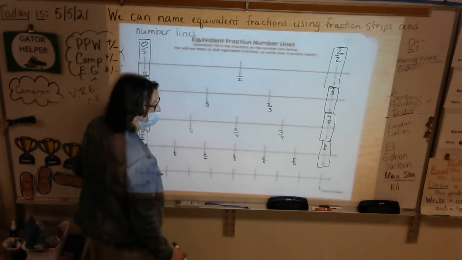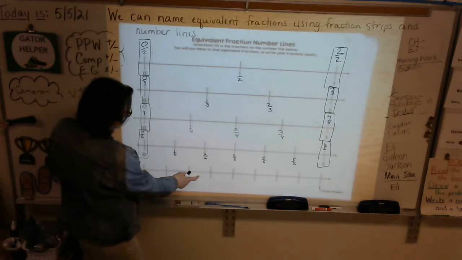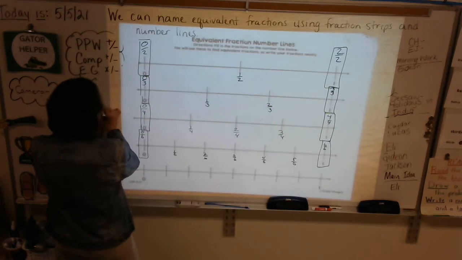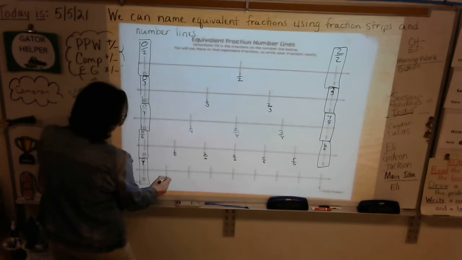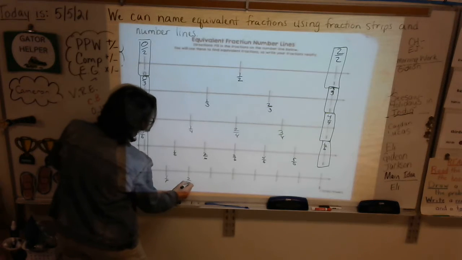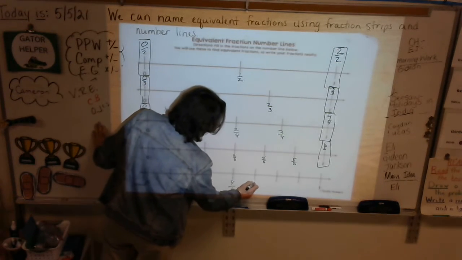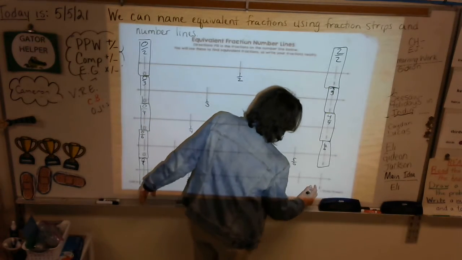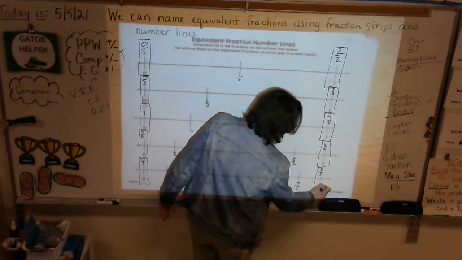And then on my last one, how many equal parts did you find, Ori, on the last one? You are absolutely right. There are 8 equal parts. So I'd start with 0 eighths, 1 eighth, 2 eighths, 3 eighths, 4 eighths, 5 eighths, 6 eighths, 7 eighths, and 8 eighths. Again, 8 eighths, I'm going to box it because it represents the whole number 1.